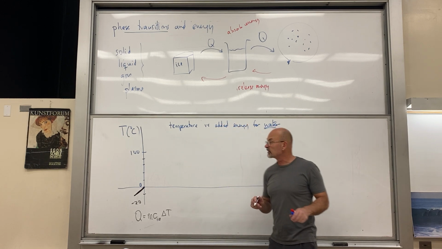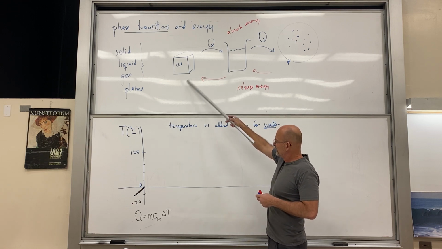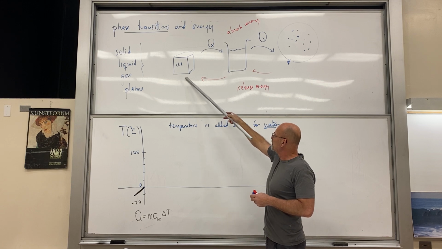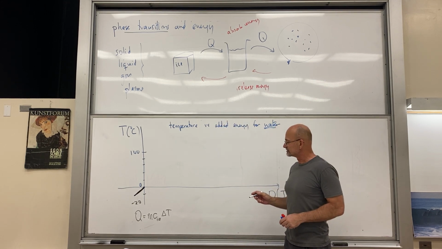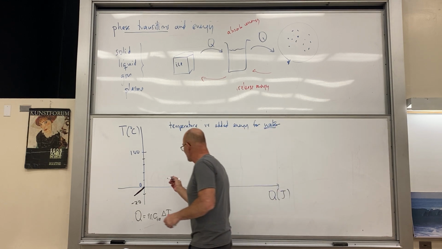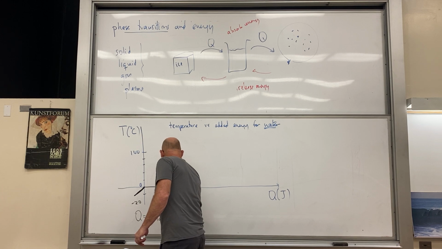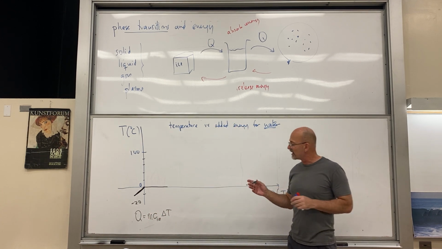Okay, now here's what's interesting. So we're adding energy to ice, starts at minus 20. Now if we do it slowly enough, we have an ice cube all the way up to 0 degrees. Then what happens? What happens is that the ice melts without the temperature changing. So you do this very slowly and carefully.